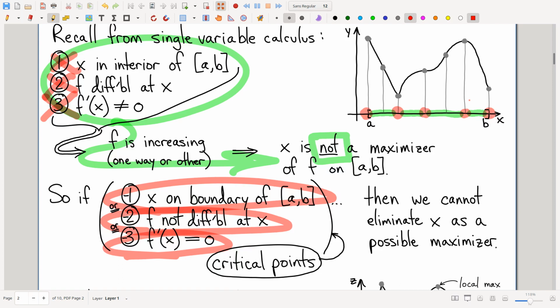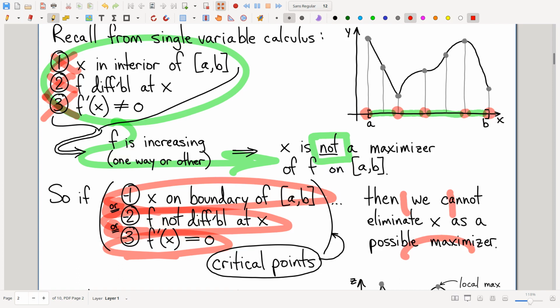Okay. So if either of these three things happen, so these are ors right here, right? If any one or more of these conditions happens, my elimination argument crashes and burns. I have no idea what's going on at that point, at least not from the point of view of this elimination argument, and I have to throw up my hands and say, I don't know, I'll deal with it later.